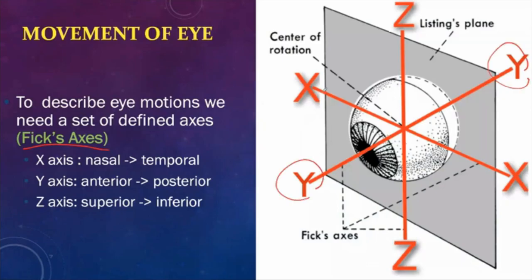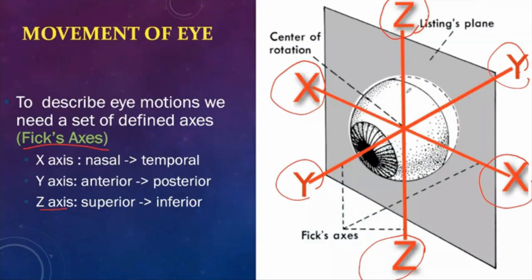Another one from medial to lateral, called the x-axis. And finally, there is a vertical one from up to downward, called the z-axis. So again, the x-axis is from nasal to temporal or medial to lateral. The y-axis is from anterior to posterior, and the z-axis from superior to inferior.